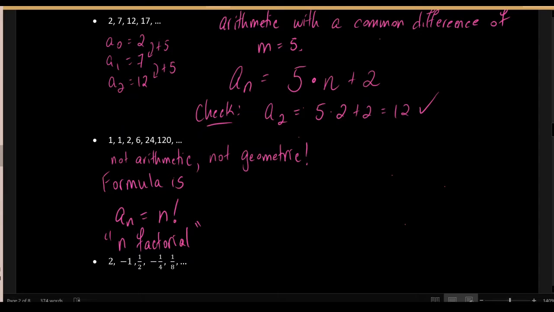We will be using the factorial substantially as we move through this chapter of material. N factorial, what this is telling you to do is to take all the numbers from n down to 1 and multiply them all together.